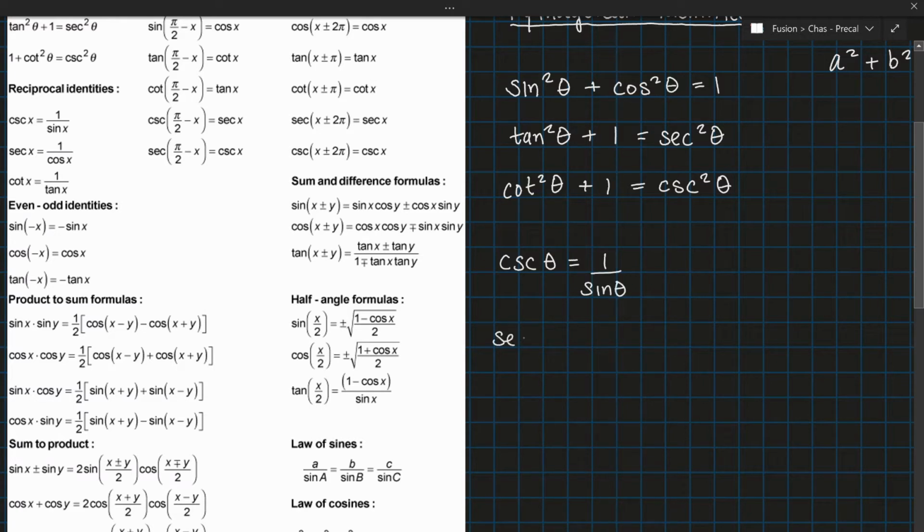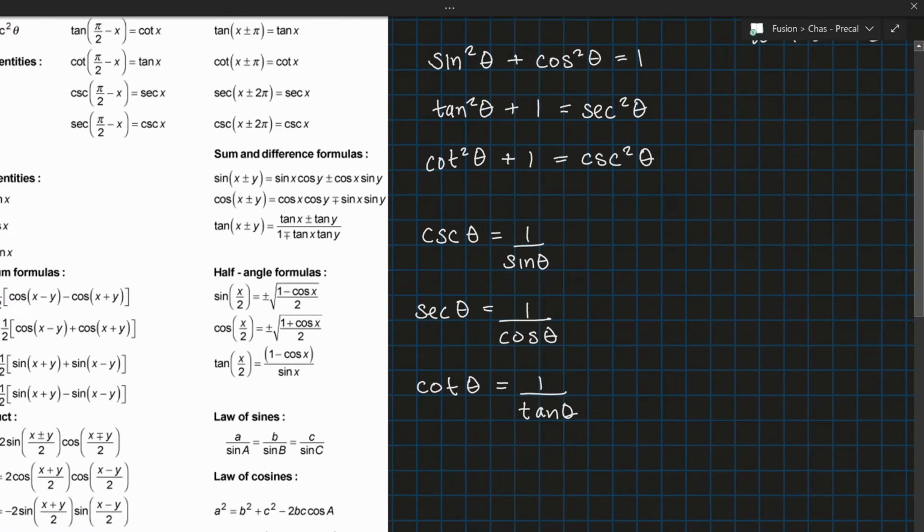Secant theta equals 1 over cosine theta. Sorry, I first said cosecant. And cotangent theta equals 1 over tangent theta.